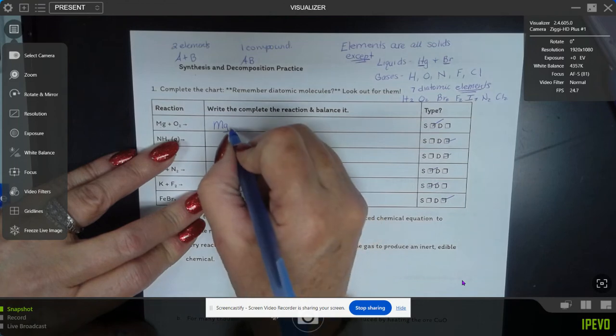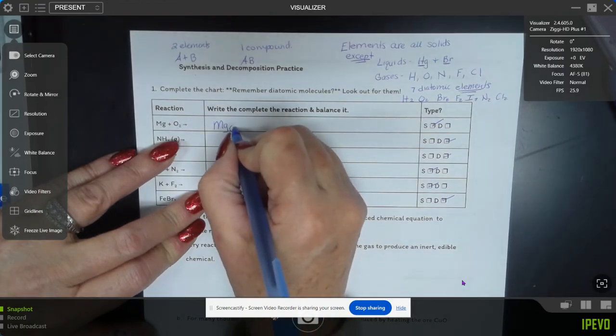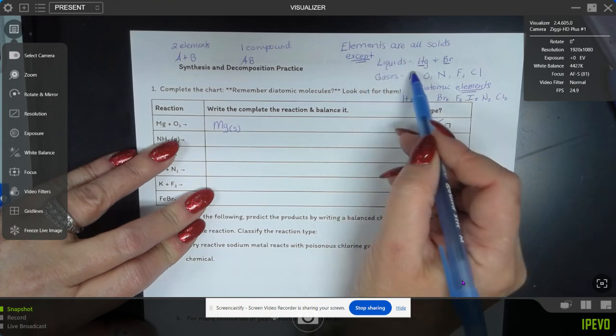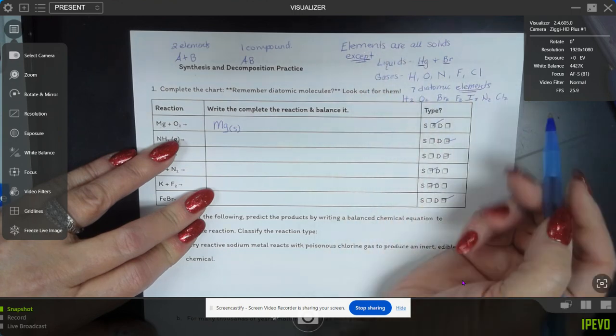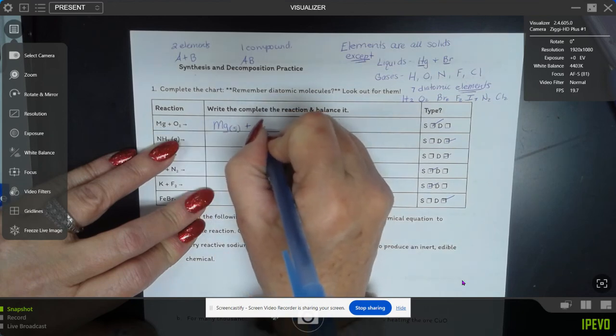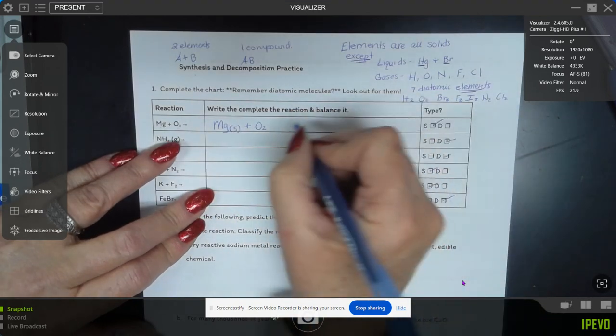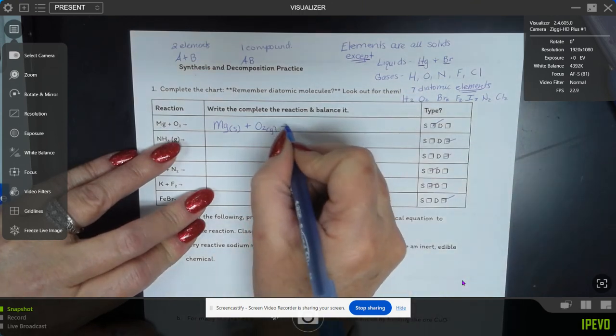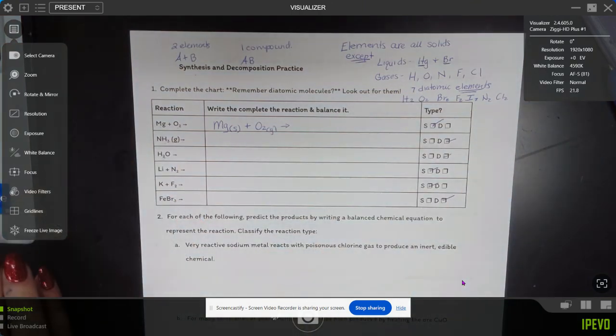So magnesium is a solid. Remember, here's our list. All elements are solids except these. So we have magnesium plus O2, oxygen, which is a gas. It's on that list. Those react to give us, I need to grab a piece of paper, hold on.